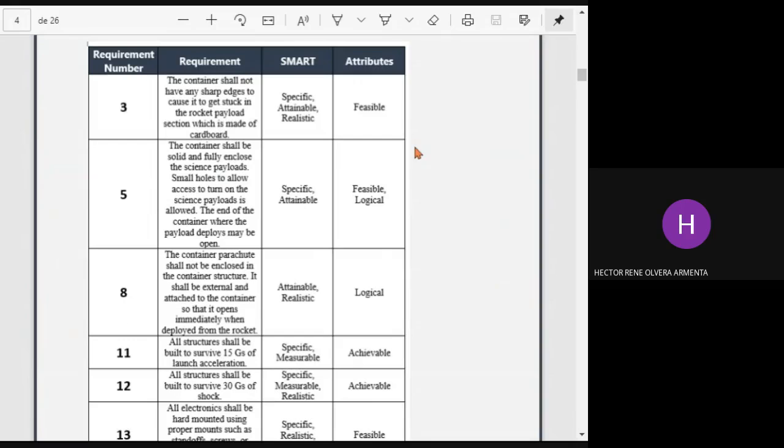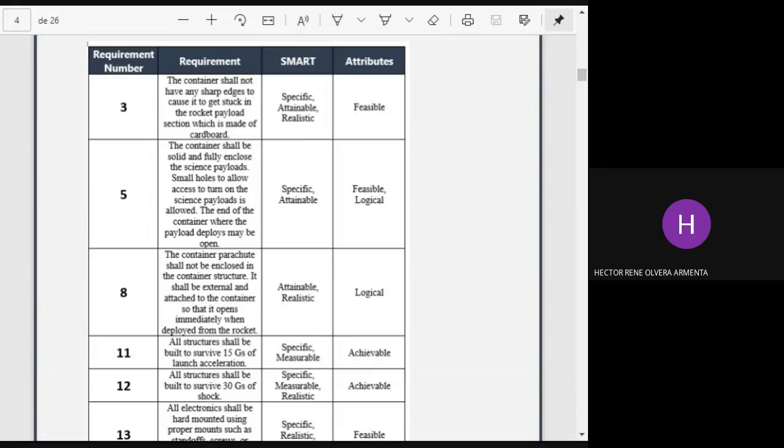Another requirement could be that the container shall be solid. And this requirement has the attributes of feasible and logical. Why logical?